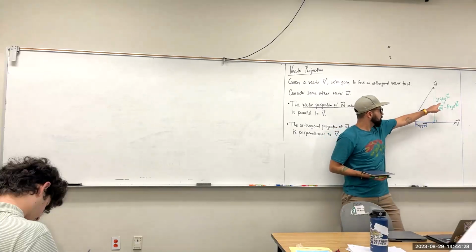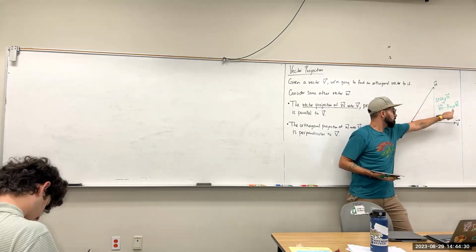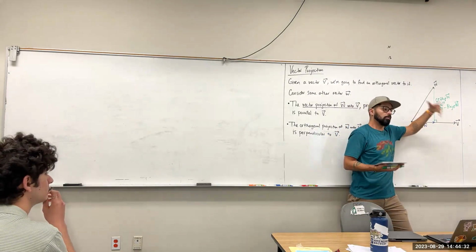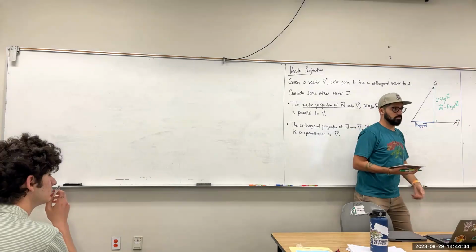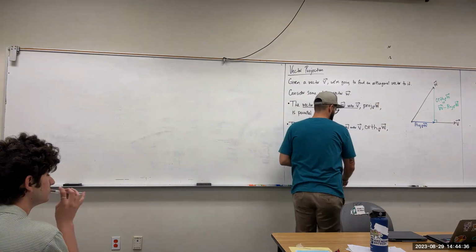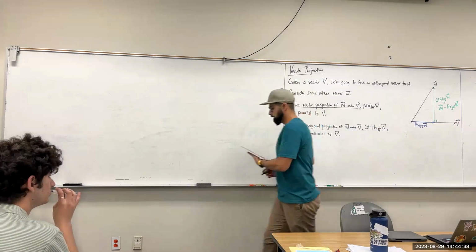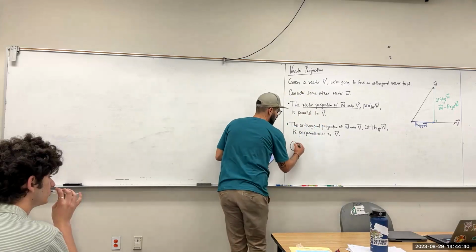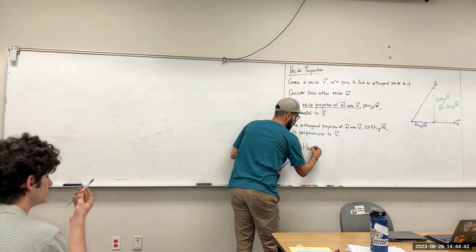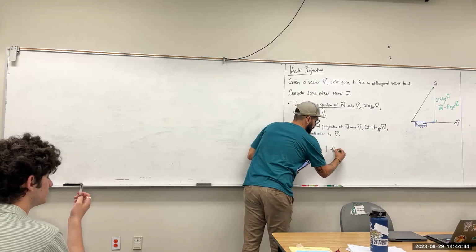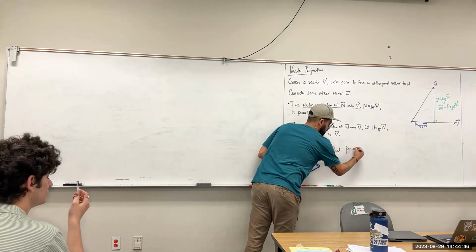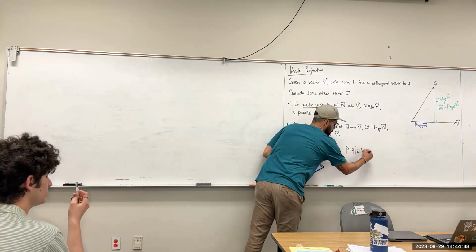So therefore, in order to find that orthogonal vector, I need to find the projection. Now the question is, how do I find that projection vector? Since that's the one we need.